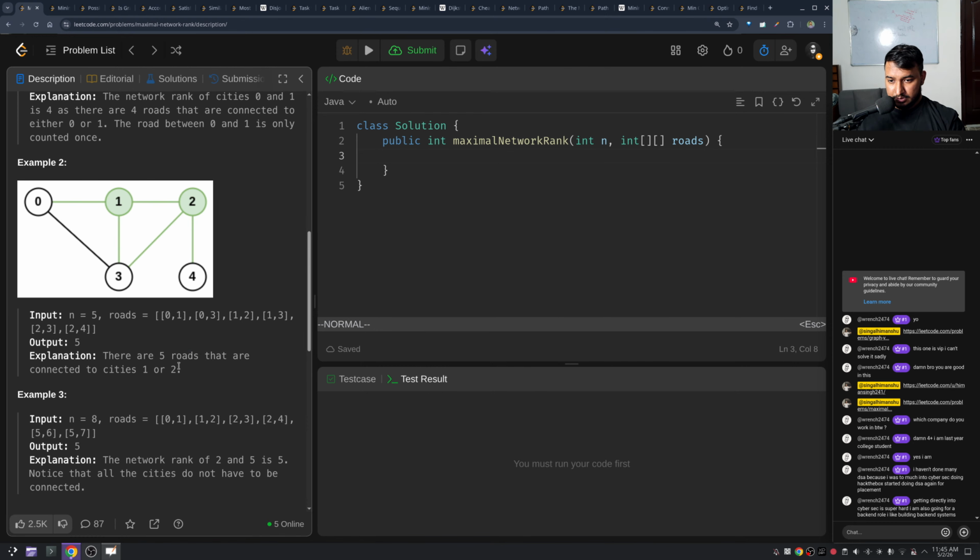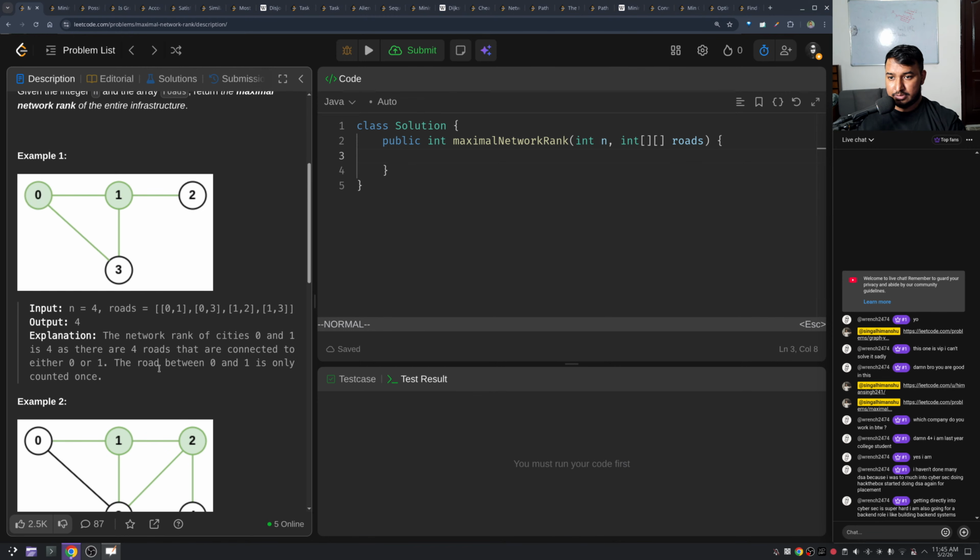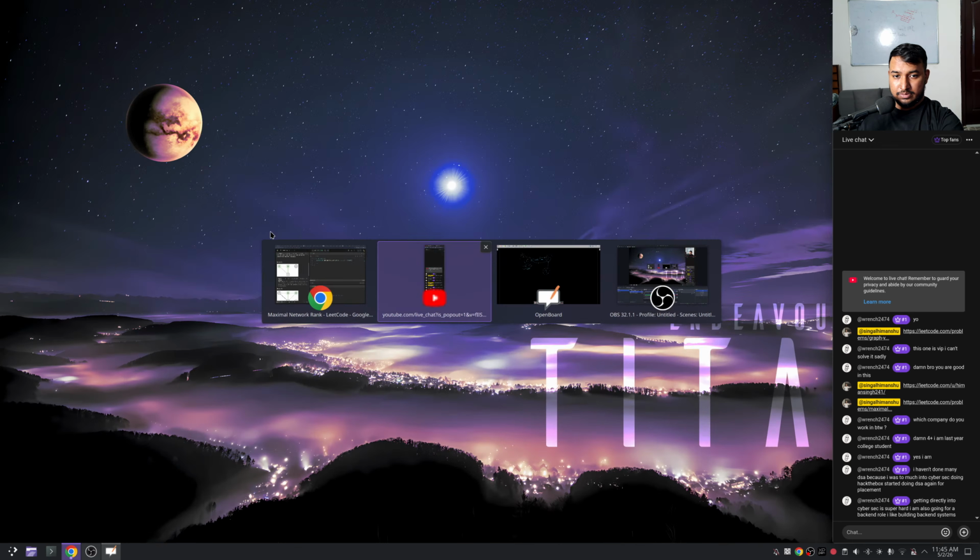Yeah, so this question is a bit tricky to understand, at least. There are 5 roads. I want to draw this one. So what I'll do is I will draw this. We have 0, 1, 2, and then 3, right? 0 and 1, there is one road here, and there is one road here.